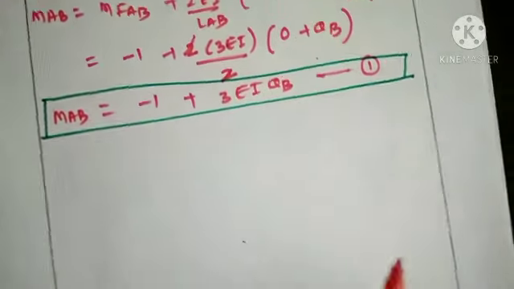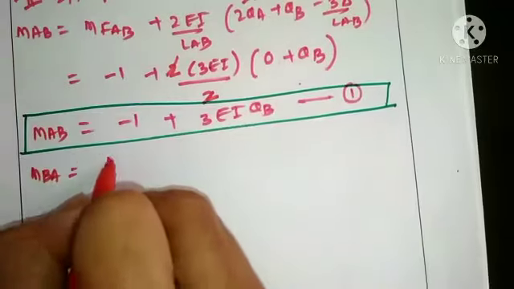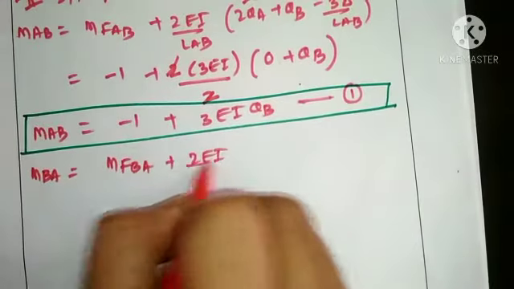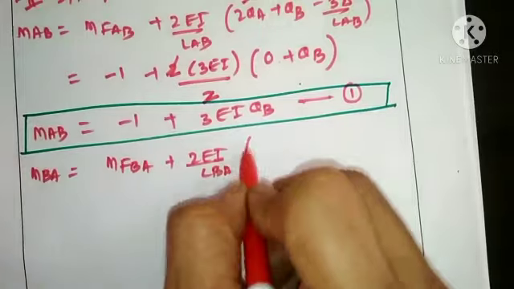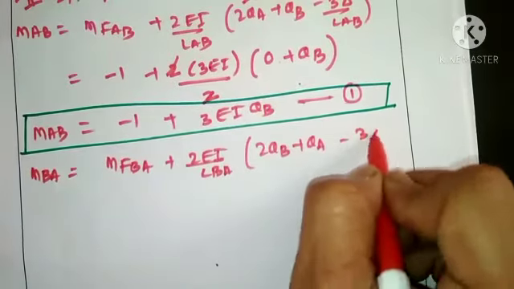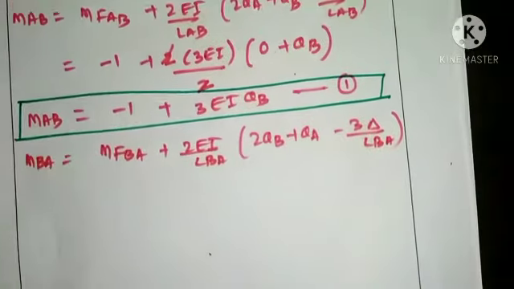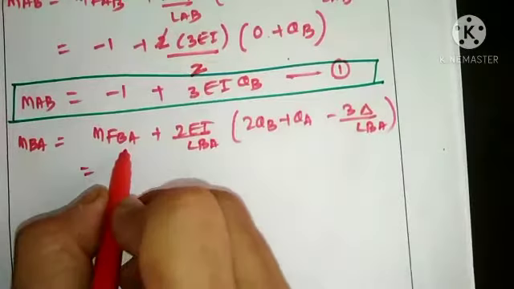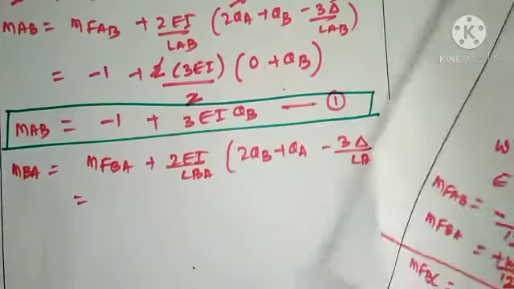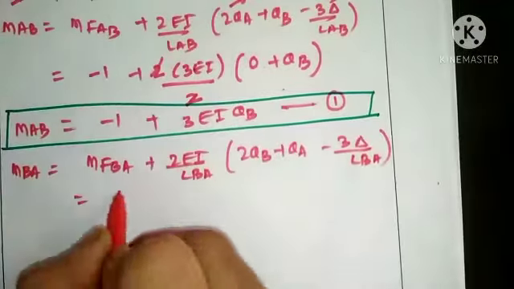Next is MBA. When I write down MBA, it is MFBA plus 2EI divided by LBA times 2 theta B plus theta A minus 3 delta divided by LBA. When we write down this equation, the MFBA value we have calculated is plus 1.